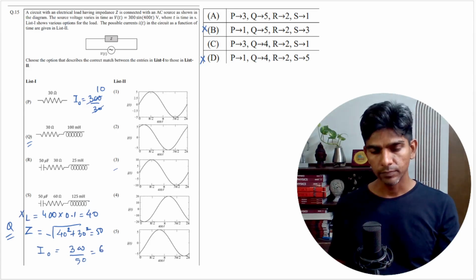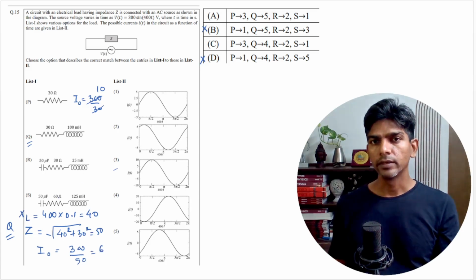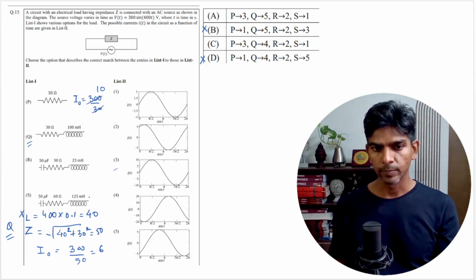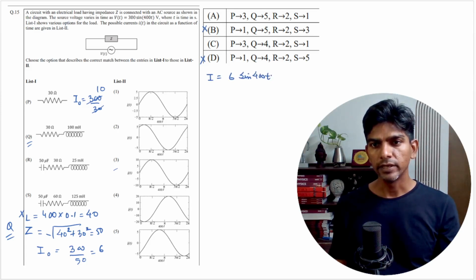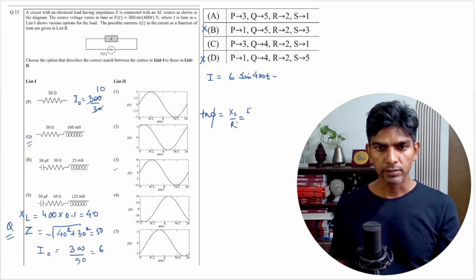And we know that in the inductive case, the current lags. So if I write down current, I will be 6 sine 400t minus, let us find the phase difference. So tan phi will be XL by R, that is 40 divided by R, which is 30.